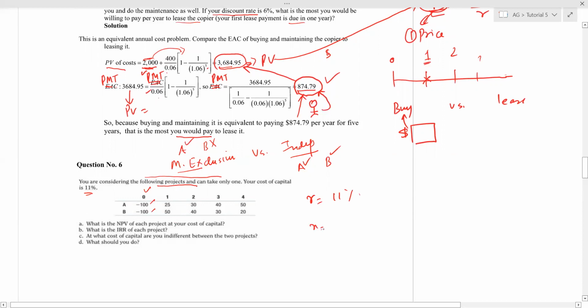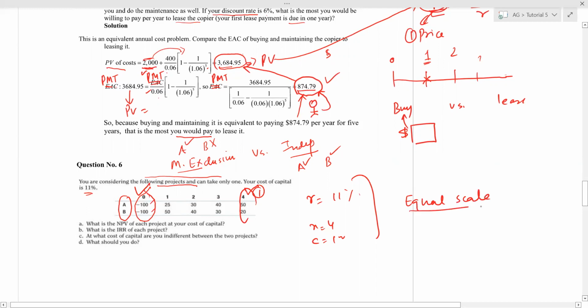Okay, and cost is also equal for both of them. Okay, so when the projects have equal life, number one, and when the projects have equal outflow, equal outflow and equal life, then we say that these projects have equal scale.